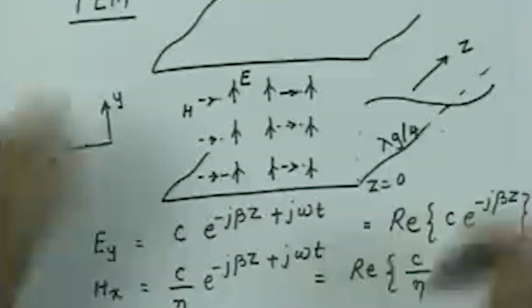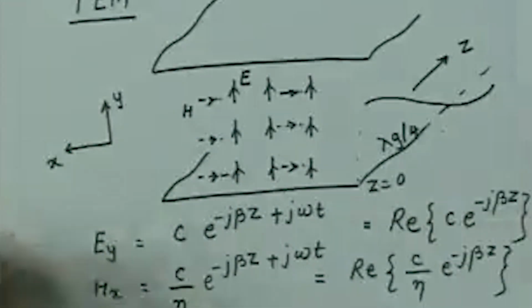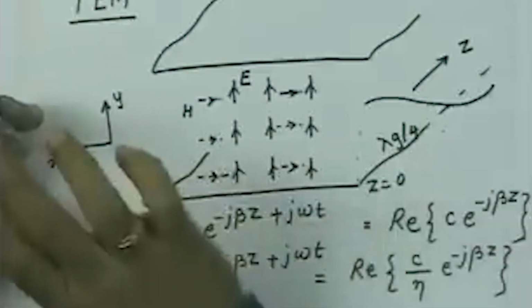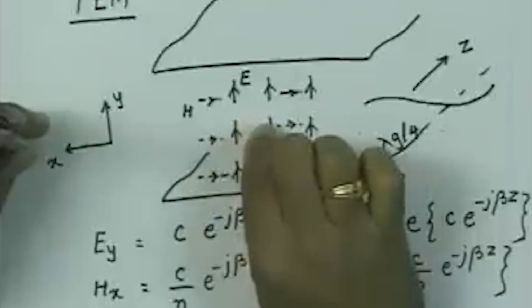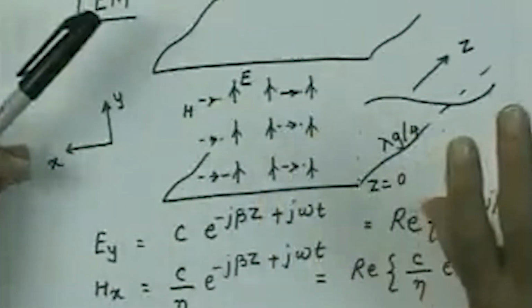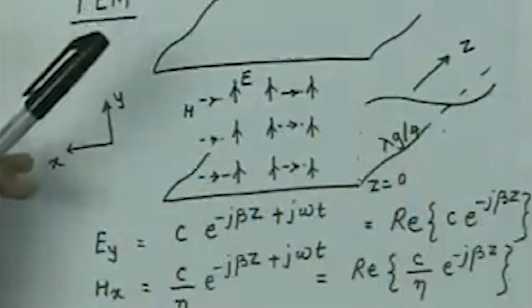That is the way the electric field is distributed. You can see as if there are rods standing of different heights. It is maximum at z equal to 0, the height of the rod goes to 0 at lambda g by 4, the direction of the rod is reversed, and again the amplitude becomes maximum when I go a distance of lambda g by 2.